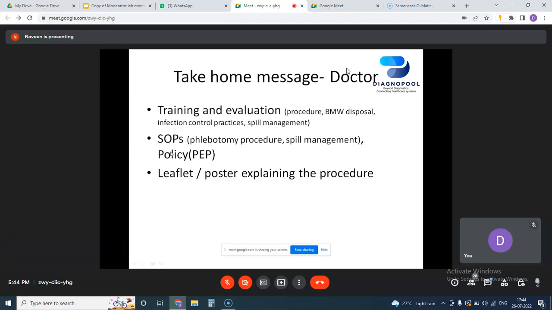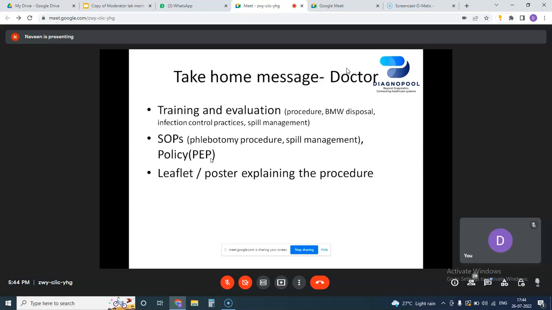So always prepare the SOPs, for example the SOP for a phlebotomy procedure or skill management, and they should be available to the technologists to read and follow. Post-exposure prophylaxis policies should be there in the phlebotomy rooms so that all the technologists are aware of the steps that should be followed whenever there is exposure and when to contact.